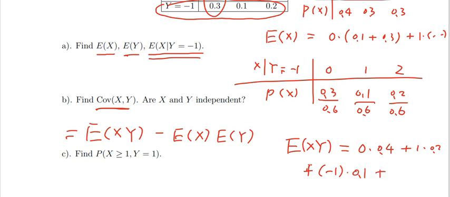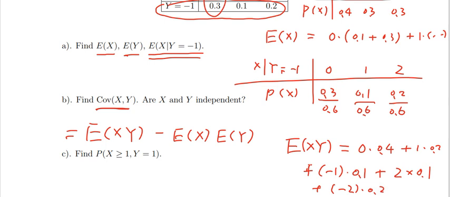Okay. And x equal 2, y equal 1, so this becomes 2, and the probability is 0.1. And x equal 2, y equal -1, so this equals -2, and the probability for this to happen is 0.2.